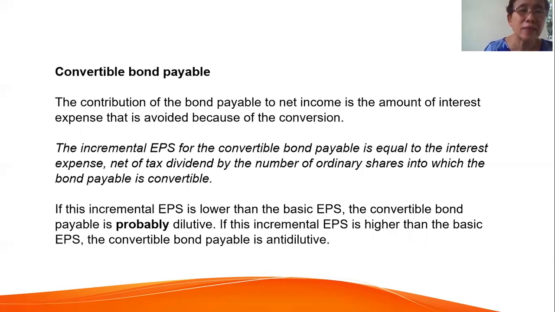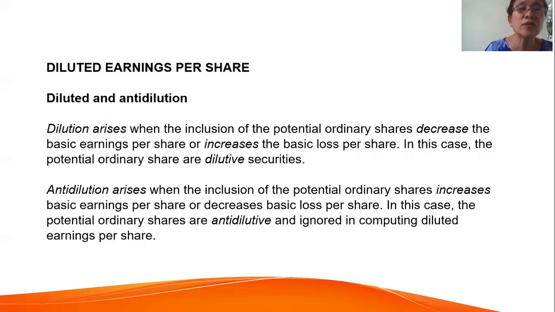If this incremental EPS is lower than the basic EPS, the convertible bonds payable is probably dilutive. If this incremental EPS is higher than the basic EPS, convertible bonds payable is anti-dilutive.